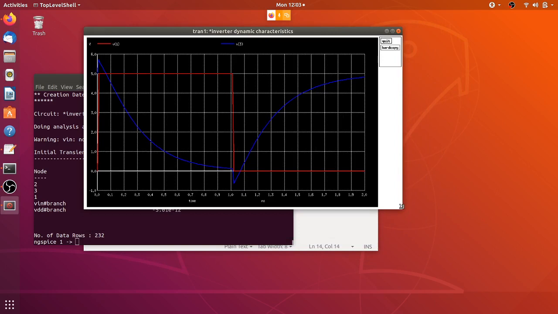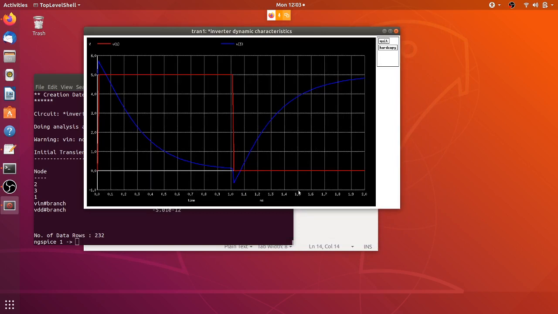Okay, so you can see that the red color waveform corresponds to the input pulse. It goes abruptly from 0 to 5, in fact in 0 nanosecond, and then the output for that transition will go from high to low.